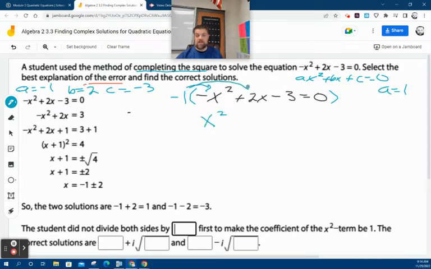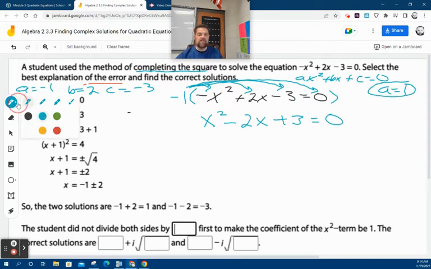Negative 1 times positive 2x becomes a negative 2x. Negative 1 times negative 3 becomes a positive 3. And then negative 1 times 0 is just a negative 0. Just kidding, that's 0. Now I can do complete the square. So the first step in completing the square, and we've kind of glossed over, is we got to make A equal 1. That's the first step.